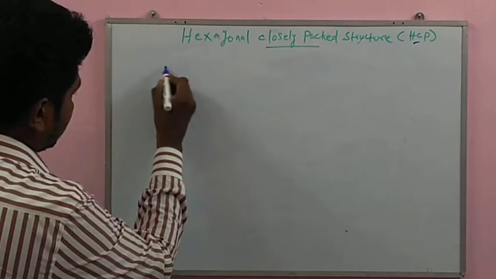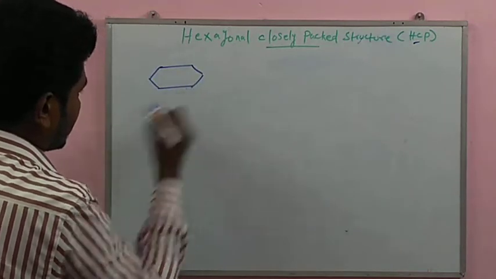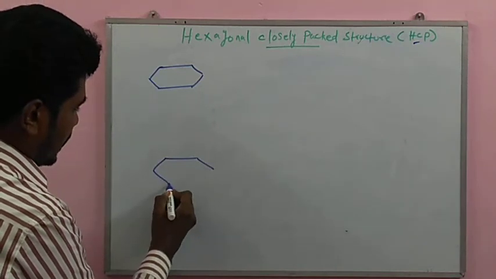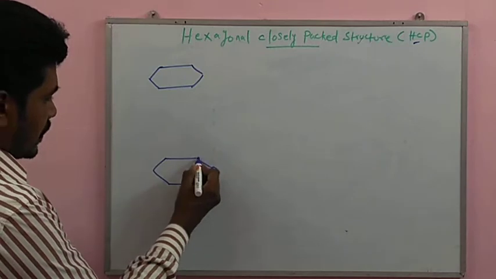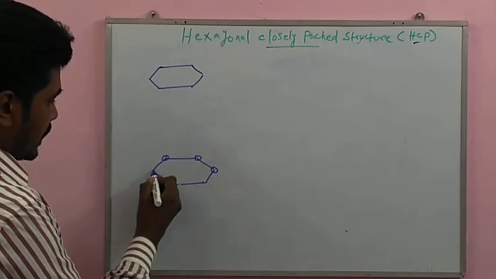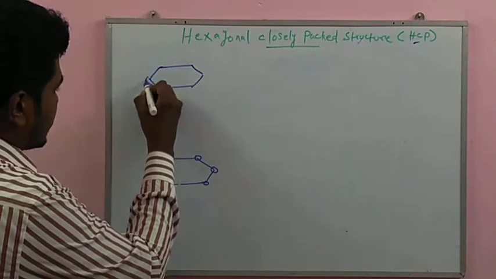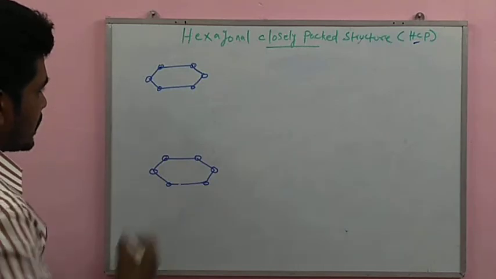Hexagonal structures: one hexagon is the top layer, then a hexagon is the bottom layer. Understand? Each corner is occupied by atoms. So there are 6 corner atoms in the bottom layer, and 6 corner atoms in the top layer.